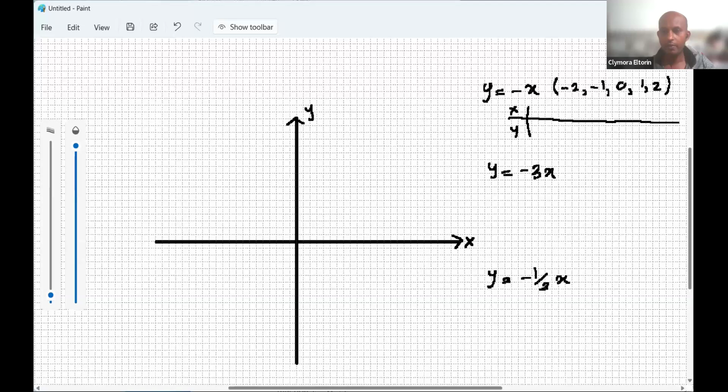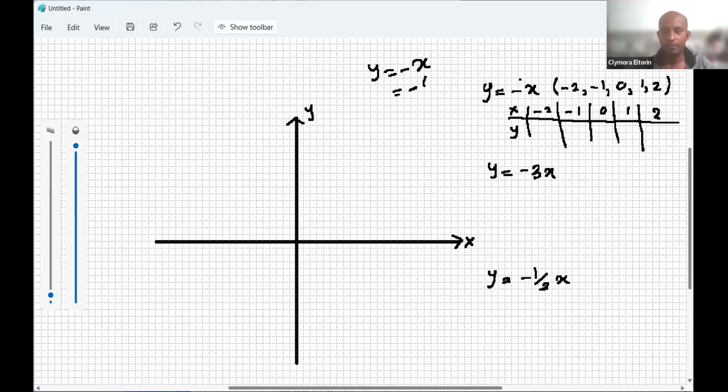x and y. When x is minus 2, minus 1, 0, 1, and 2, what happens? Let's take y = minus x. When x becomes minus 2, what happens?